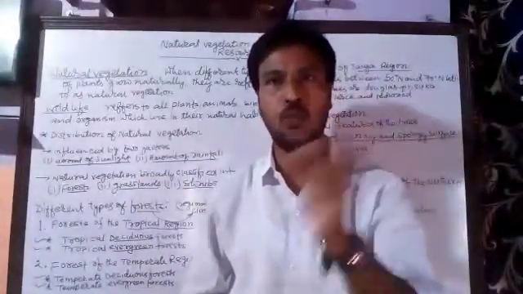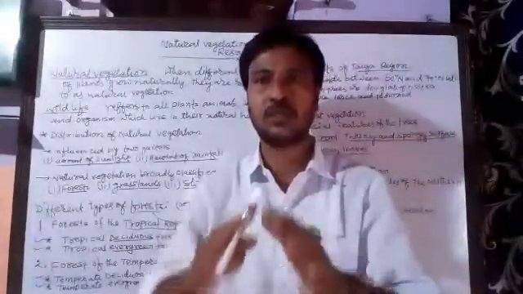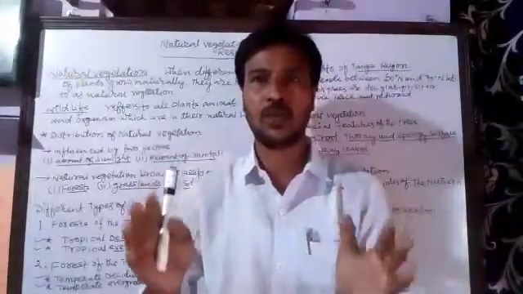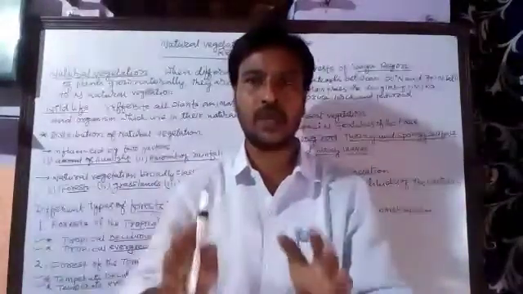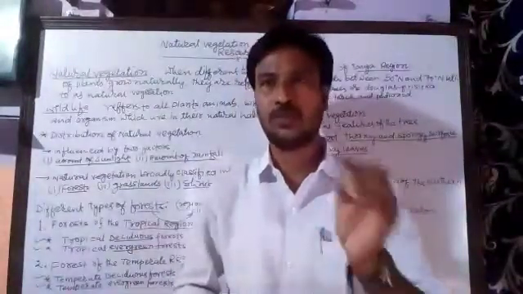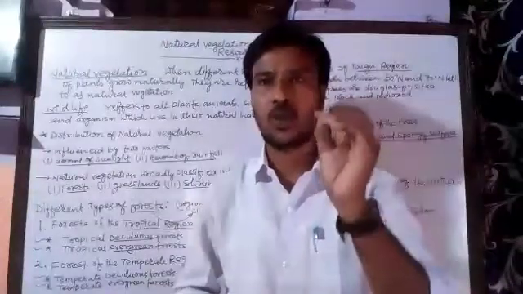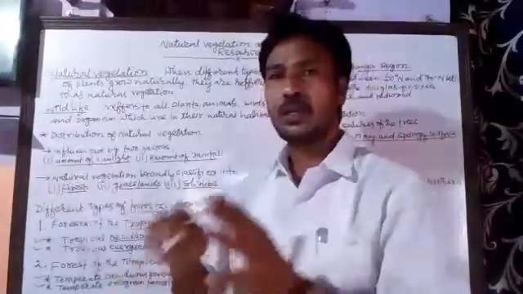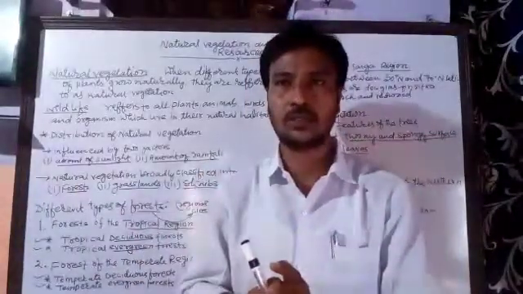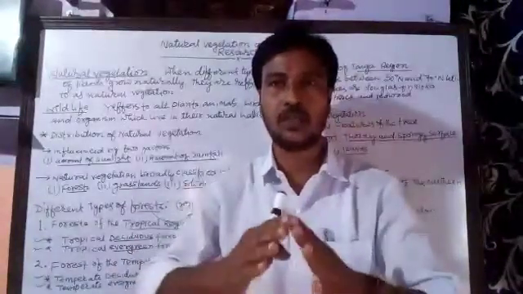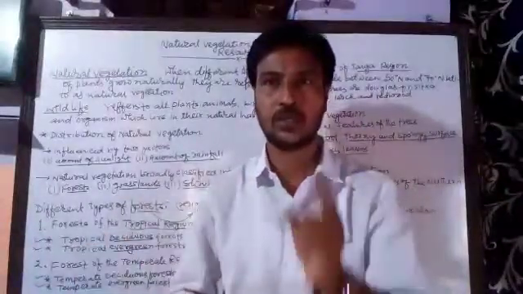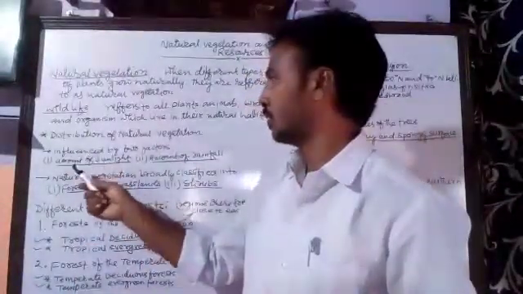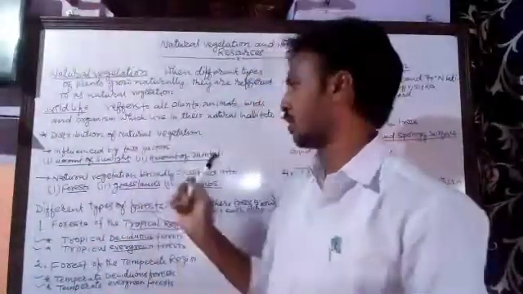Now let me tell you what makes the difference in the forests in different parts of the earth. Why are there different types of forest in different parts of the earth? What affects it? What is the reason? The reasons are the amount of sunlight and the amount of rainfall.